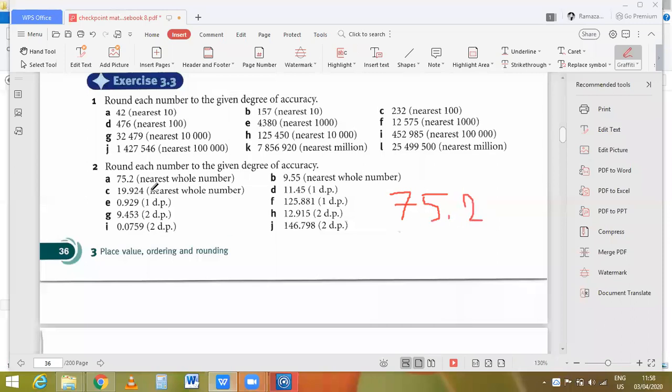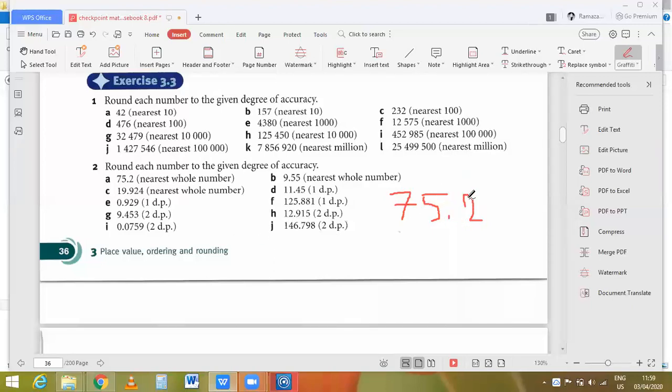Since it's 75.2 to the nearest whole number, again the question is whether it's going to be 75 or 76. And I hope you found the answer. It's going to be 75 because these two are very close. 75.2 is close to 75, not 76.